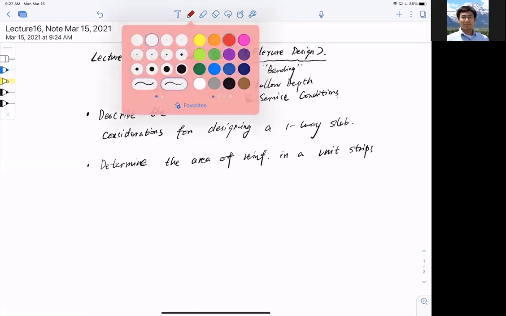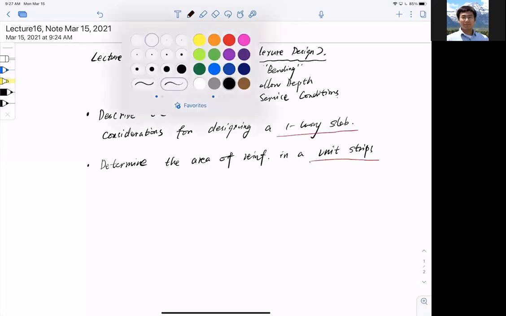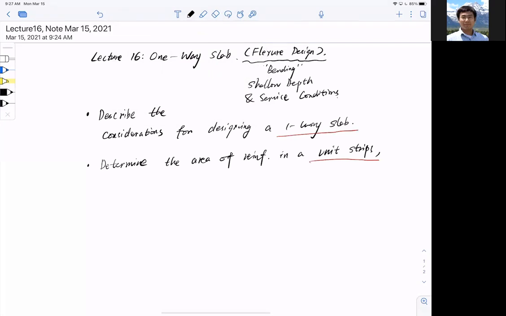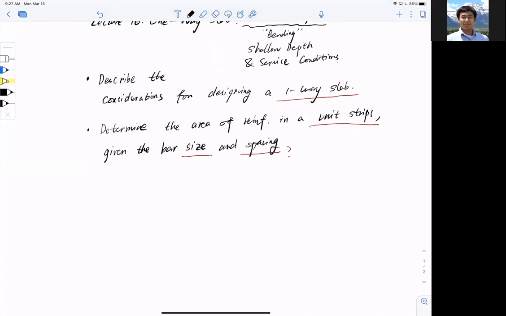Let me just emphasize this: one-way slab, unit strip. And this is given the bar size, we'll tell you what bars we're using, and given the bar spacing as well. You might be very confused right now because you know the size, but what about spacing? What are you talking about for flexure reinforcement? There's no spacing for flexure reinforcement, right?